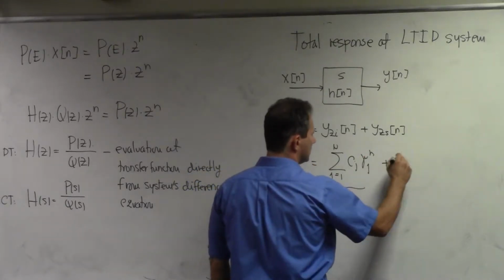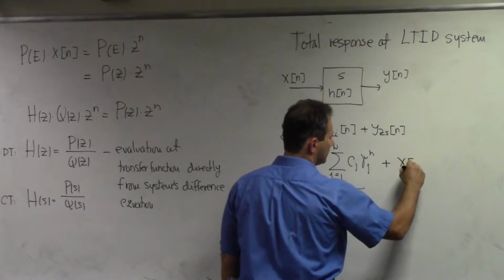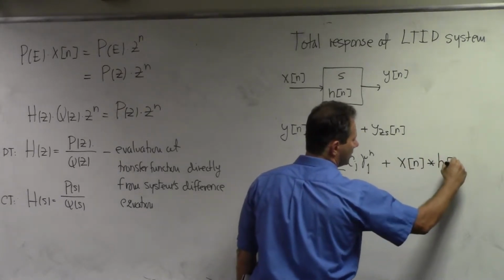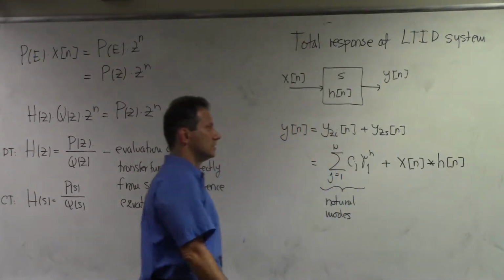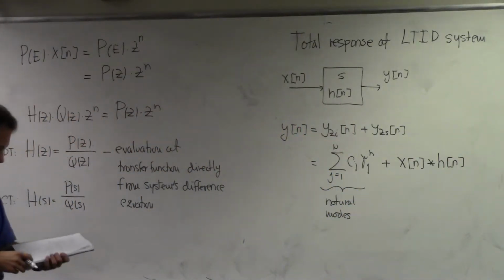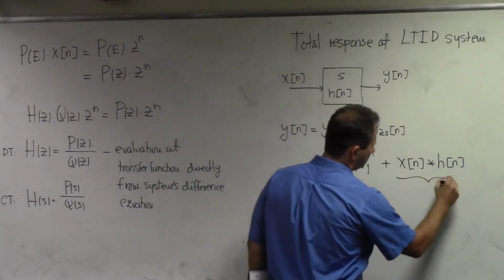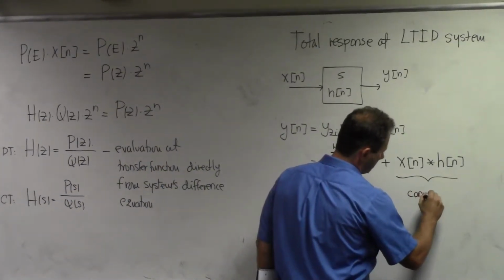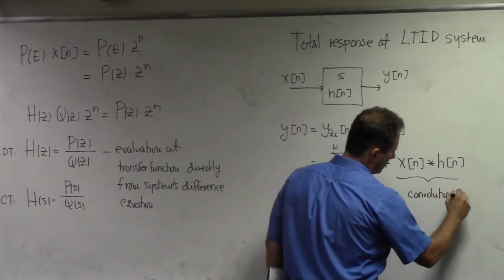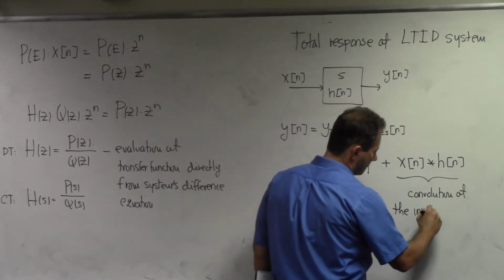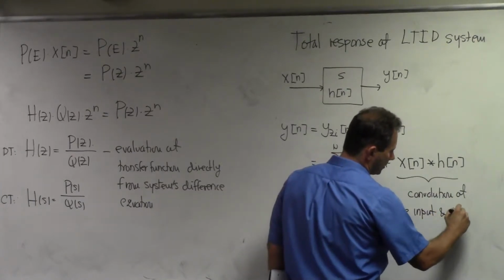And we also know that this zero state one is going to be whatever is at the input convolved with an impulse response of the system. And that's how we can, let me just put here, convolution of the input and impulse response.